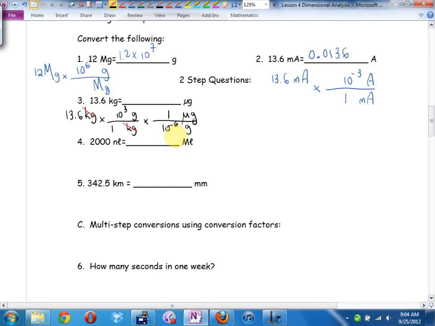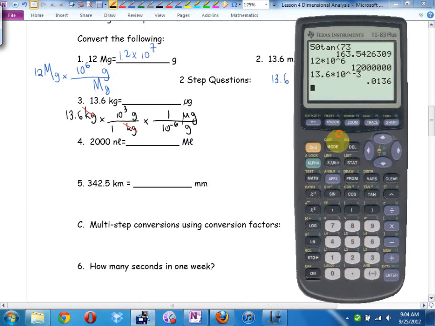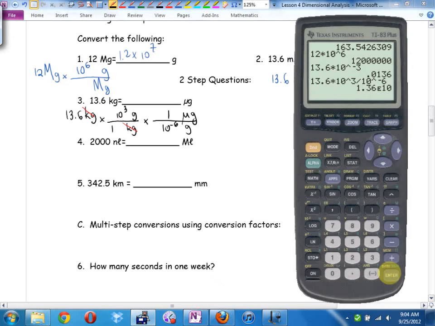So get your calculators out, folks, and try it. 13.6 kilograms is how many micrograms? Let's see. 13.6 times 10 to the 3rd divided by 10 to the negative 6. Oh, I get an answer in scientific notation. I don't know if your calculator gives you an answer in scientific notation. Mine does.